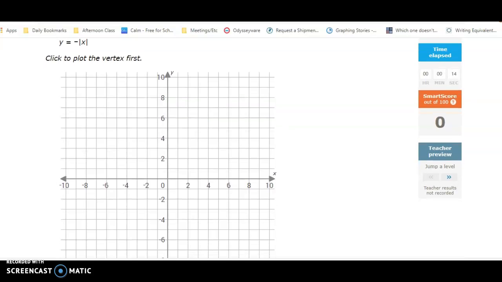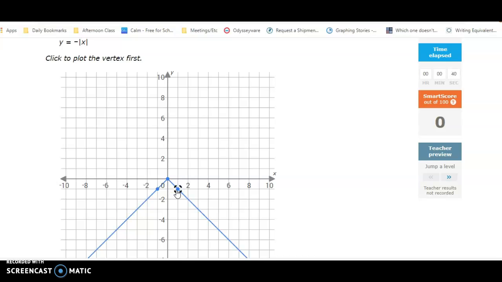In this case, if I see a negative in the front, then I know that the absolute value function is going to open down, just like our quadratics open down. There is nothing being added or subtracted, and so I'm going to start right in the center at the origin, and then it's just negative, but there's no number there, so it's just down 1 and over 1.